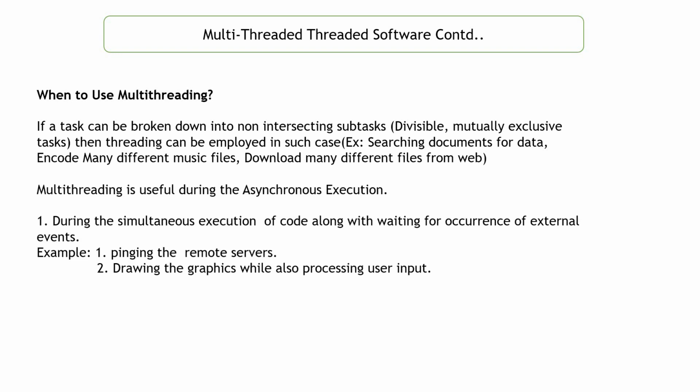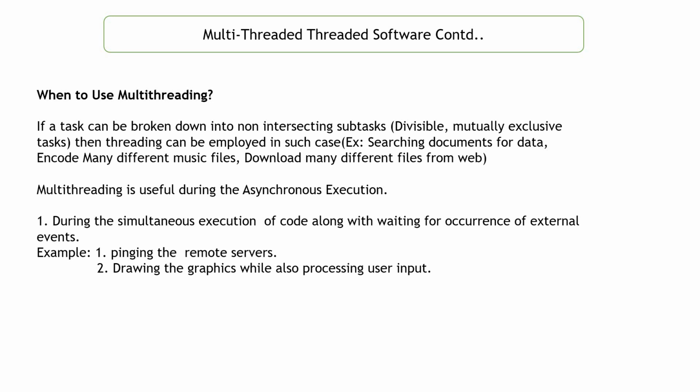Multi-threading is also useful during asynchronous execution, during the simultaneous execution of code along with waiting for the occurrence of external events. For example, pinging a remote server or drawing graphics while also processing user input.